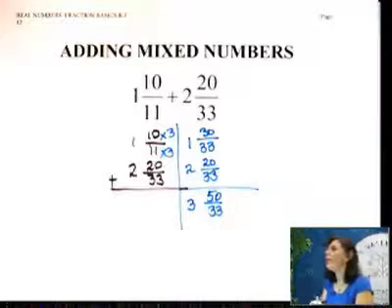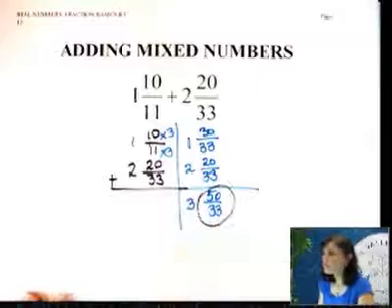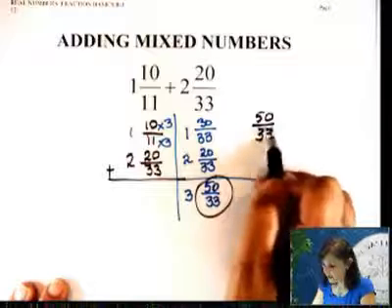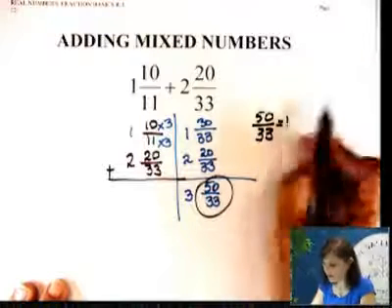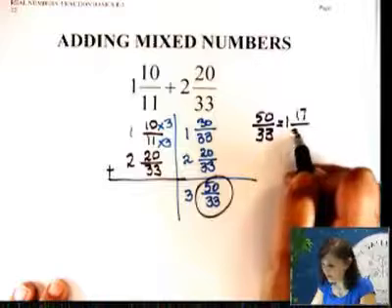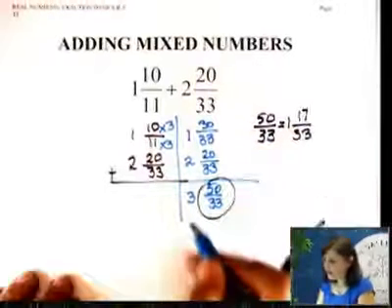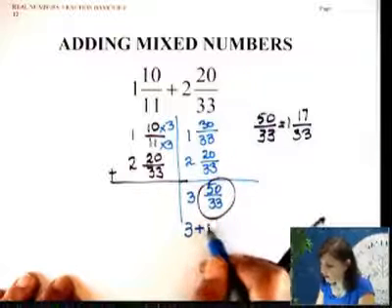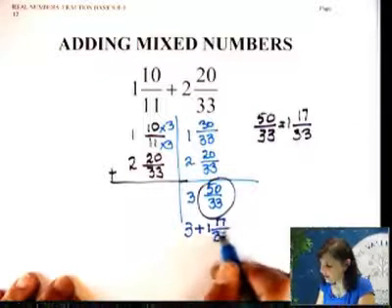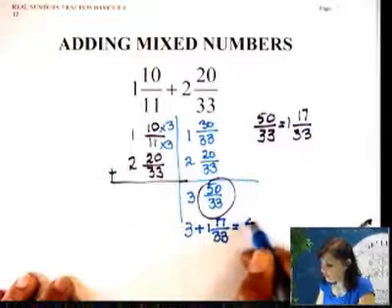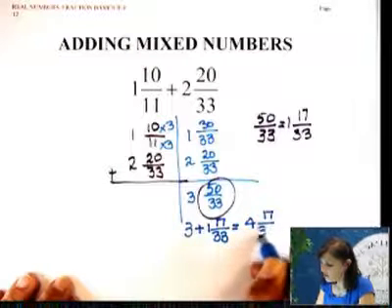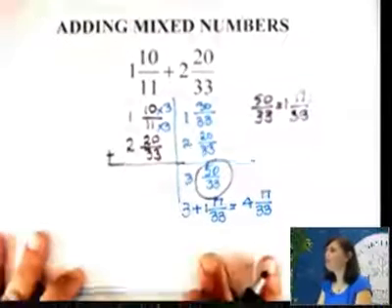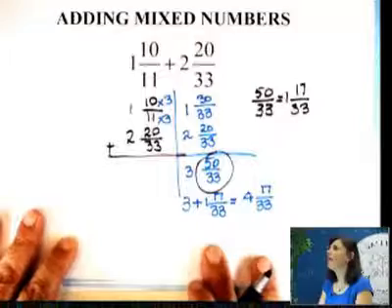Just like before, remember? This portion is improper, so I need to go and deal with that. 50 over 33 is, you have 1 33 going into 50, and I have a remainder of 17. So what I do is, this is 3 plus 50 over 33 is 1 and 17 over 33. So 3 plus 1, that's 4 and 17 over 33. So that is the pretty version of that. So make sure you understand that.